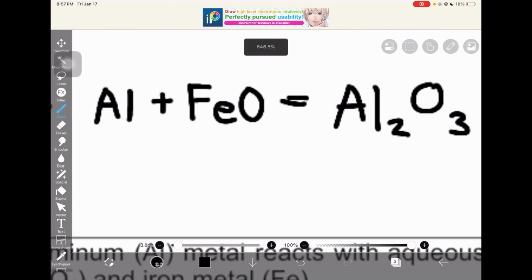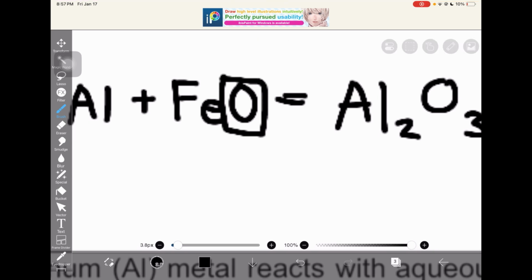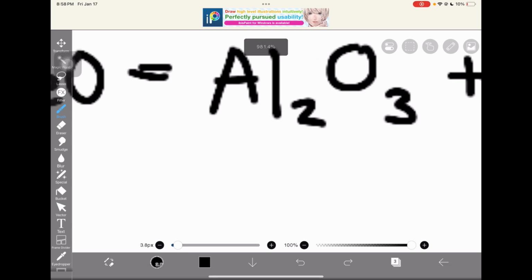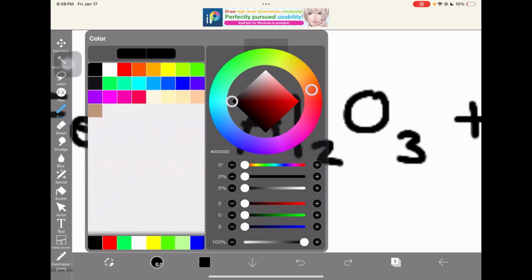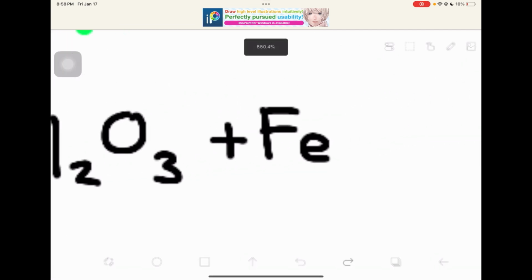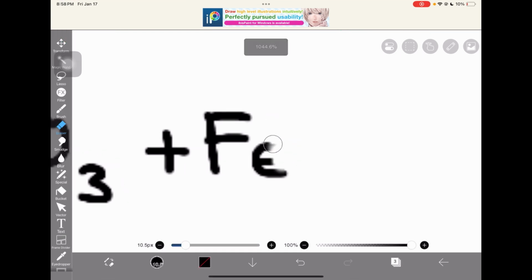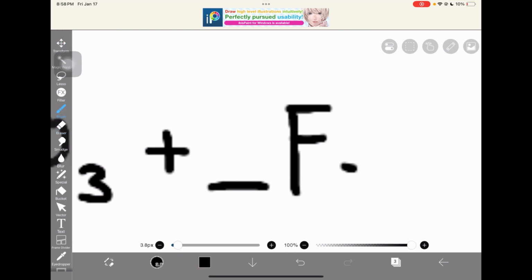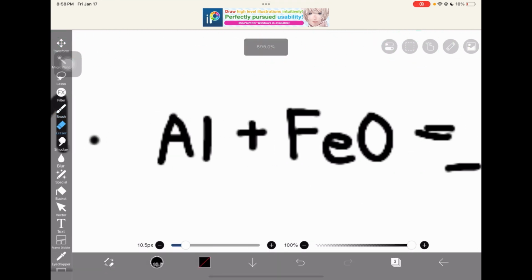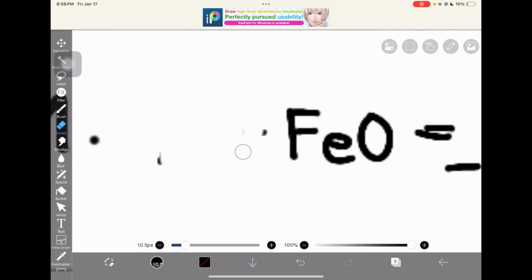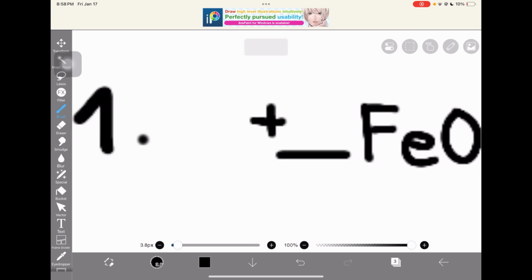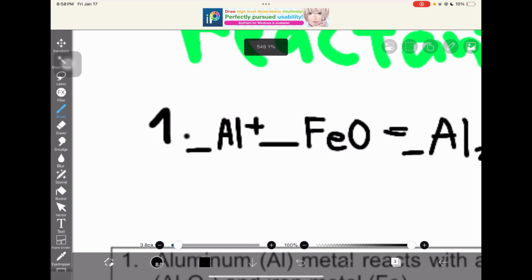As you could see, we have one oxygen here. We could just use trial and error. We have to fill this in with a blank number, like here. There's a blank here, and a blank here for Fe. Same thing here, there's gonna be a blank plus Al blank there.